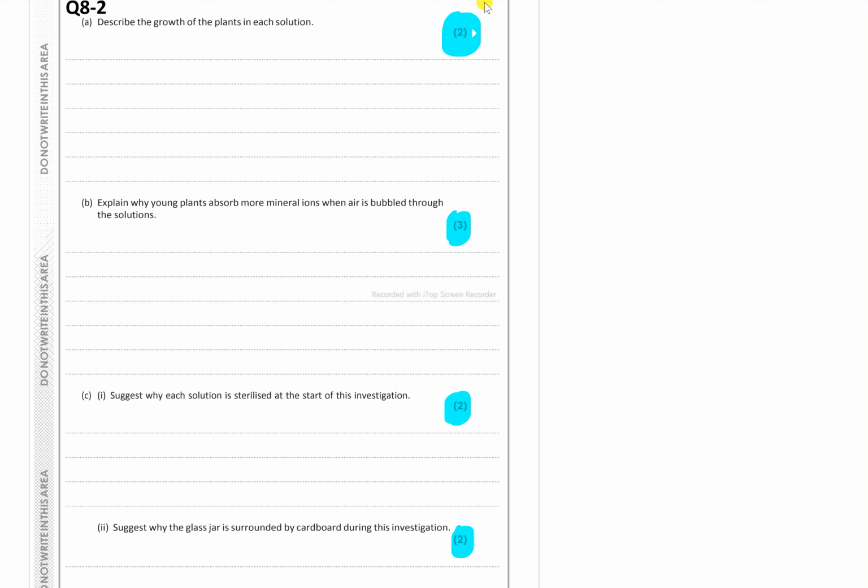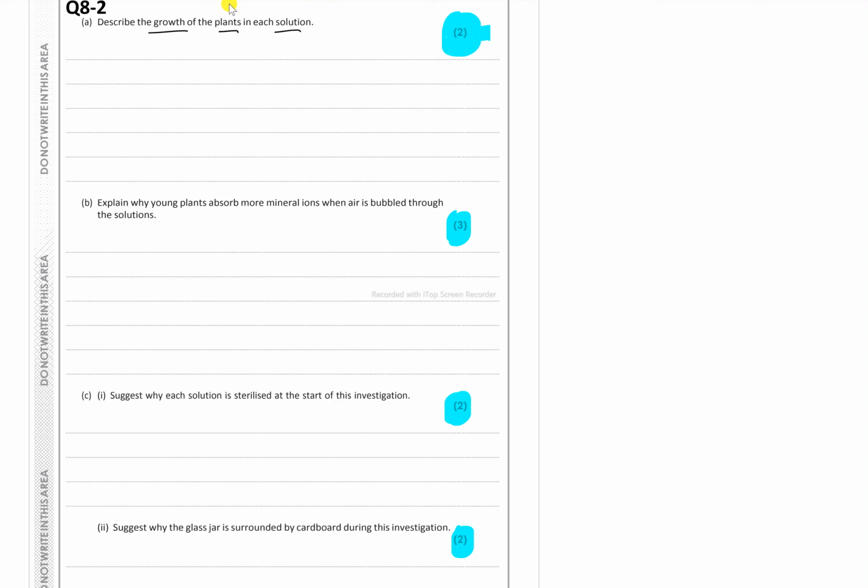They could have said discuss the experiment, discuss the findings, discuss the students' hypothesis or whatever it was, and then you'd have to break this down into little bits. But they've done it for you in this question. So they're saying describe the growth of the plants in each solution.